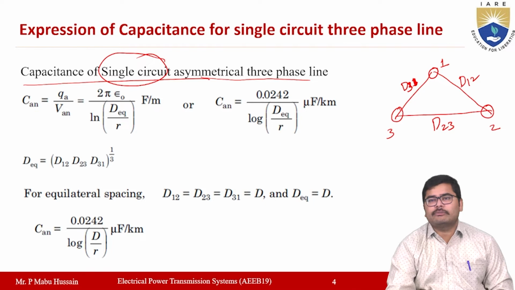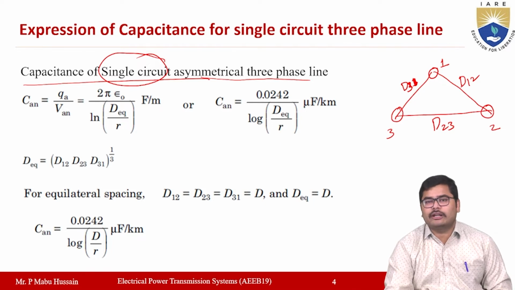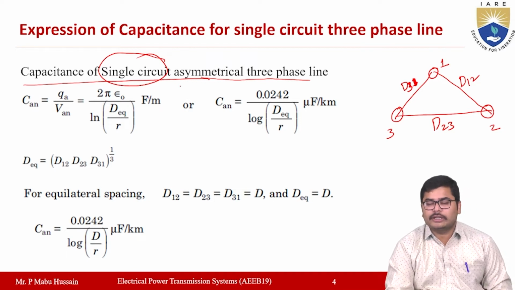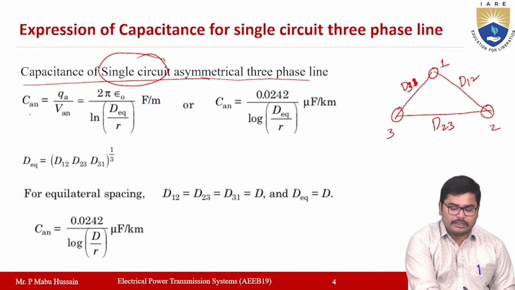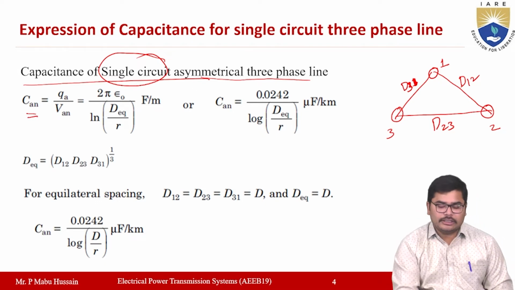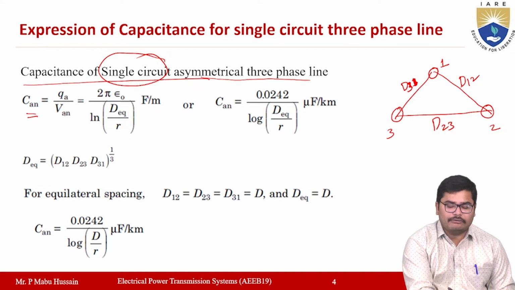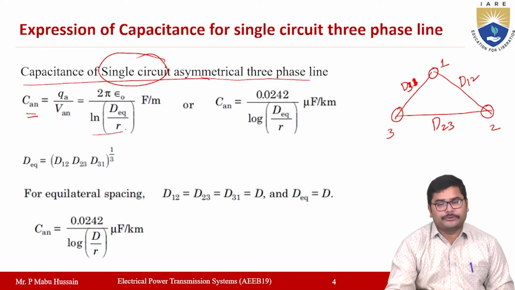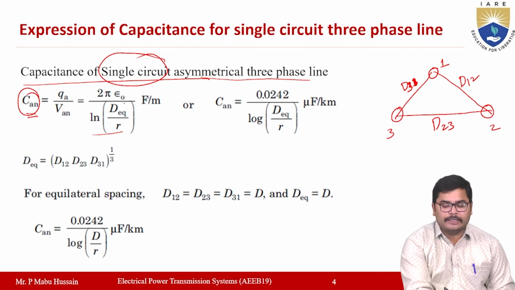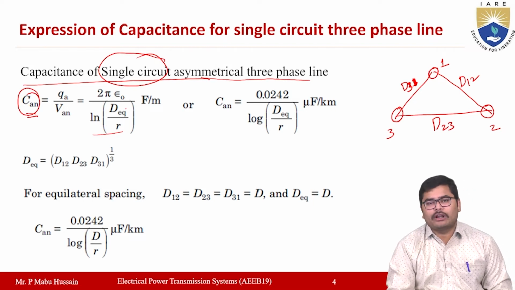Now, for this asymmetrical three-phase transmission line system, we derived the capacitance equation in the previous videos, right? So the capacitance of a single circuit asymmetrical three-phase line is CAN, the per phase capacitance. This value will be equal to QA by VAN, and the VAN value you got here. So the CAN value here is 2 pi epsilon naught by ln D equivalent by r.